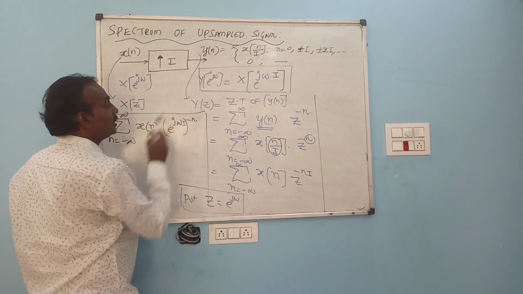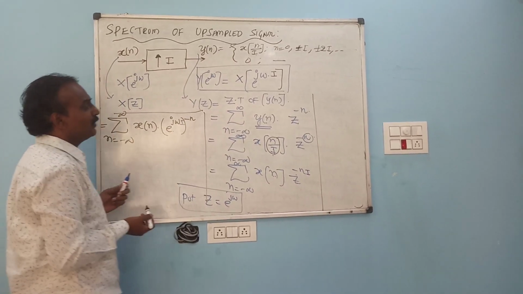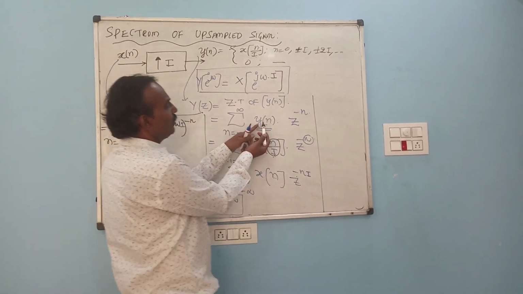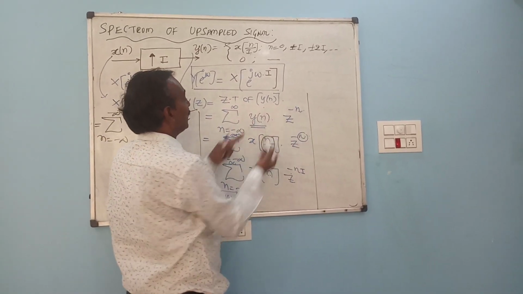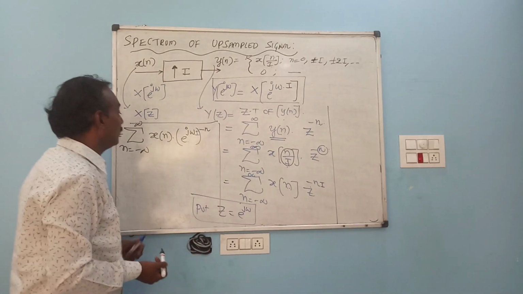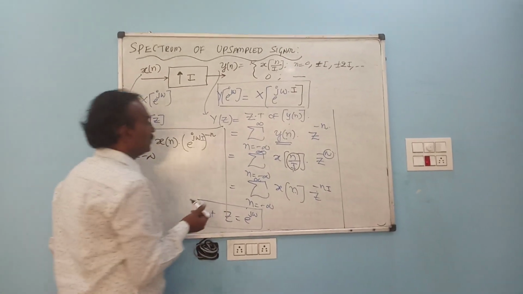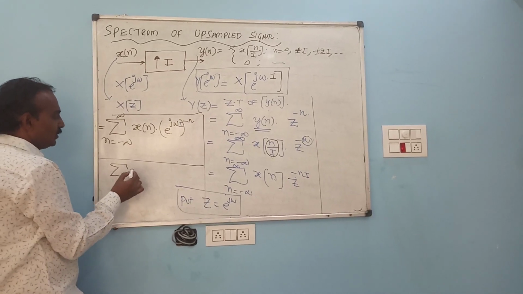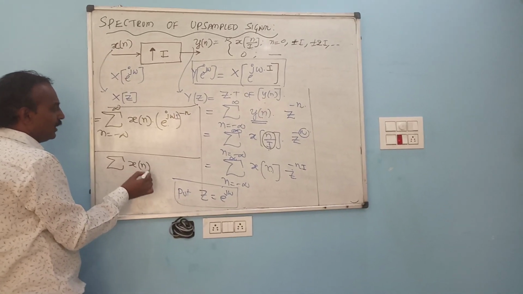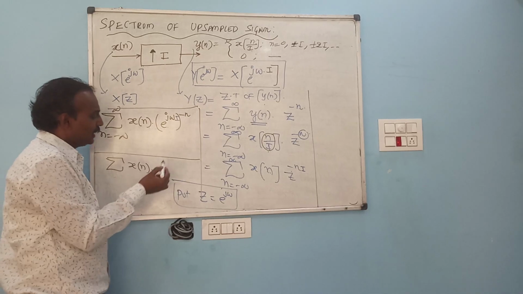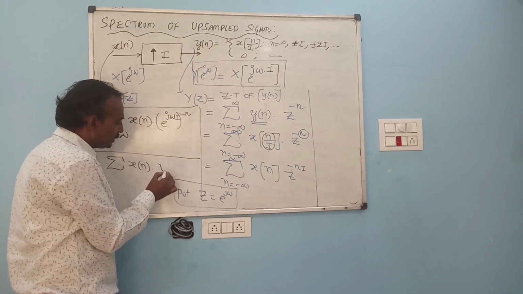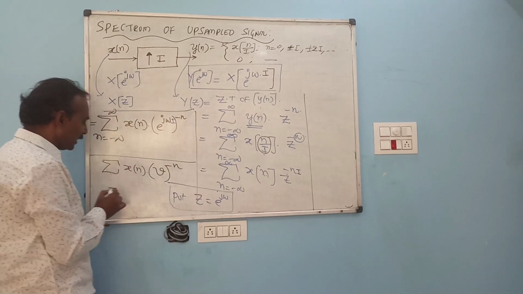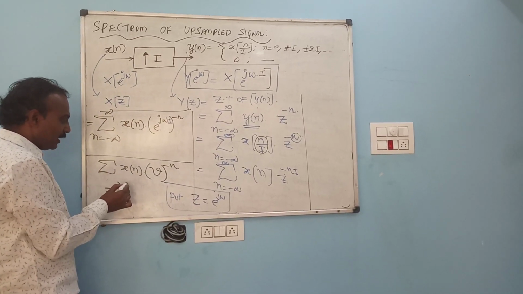Now what is the conclusion? Let me give you a simple understanding. Suppose we have summation of some function x of n into some parameter v power minus n, with limits from minus infinity to infinity.